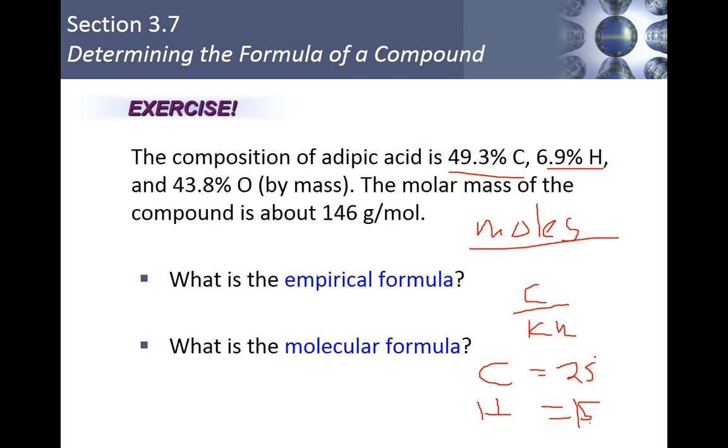But then moving forward, you can't have decimals, so then you would just double all of these because you don't want decimals present in your empirical formula. So you would just try to find the next common whole number that exists among these, and then that's what would get you your empirical formula.